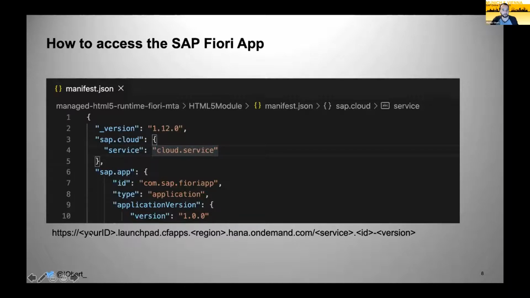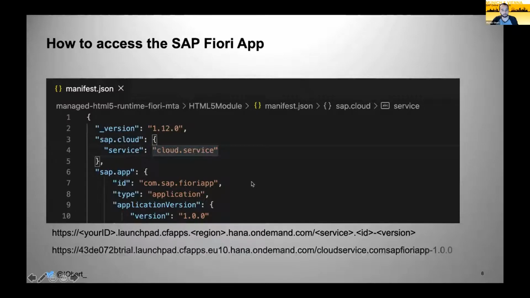So it will be the ID of your subaccount, .launchpad.cfapps.region, which is probably EU10 for you, .hana.ondemand.com/the service, so that's the value of this property here, .id, which is this value here, -version. And in my example, it would look like that.